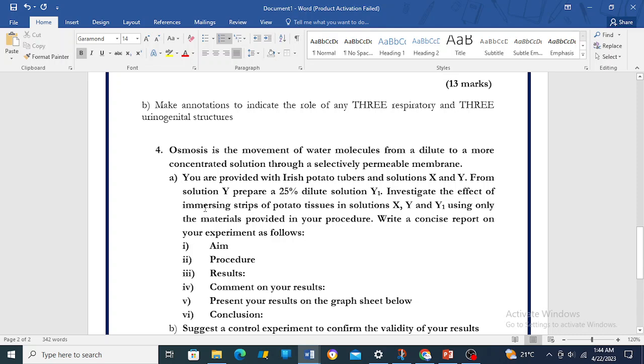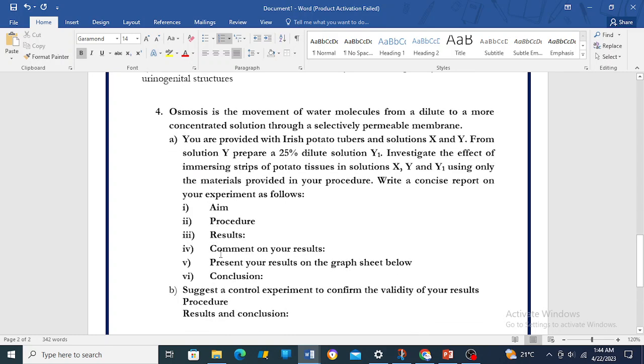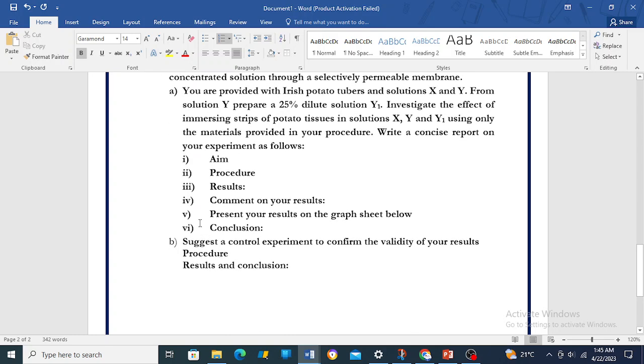Investigate the effect of immersing strips of potato tissues in solutions X, Y and Y1 using only the materials provided in your procedure. Write a concise report on your experiment as follows: the aim, the procedure, the results, you comment on your results, present your results on the graph sheet below. So the exam paper has a graph sheet, and then give your conclusion.